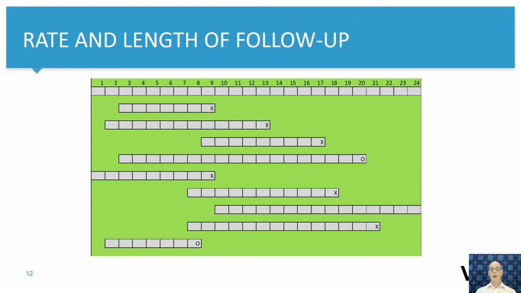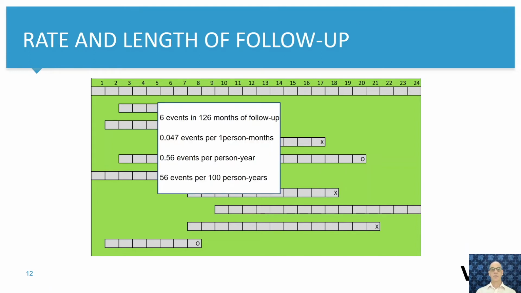So if I oversee the full length of follow-up, we can calculate that there are 6 events in 126 months of follow-up. If we sum all the gray blocks, we come to 126.